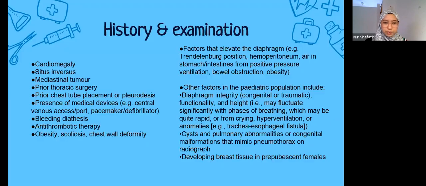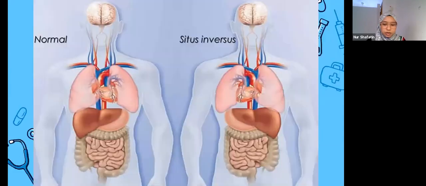As for the preparation, first of all, we need to obtain history and examination prior to insertion of the chest tube. We need to know if the patient has cardiomegaly, situs inversus. Situs inversus is a condition in which the arrangement of the internal organs is a mirror image of normal anatomy, as you can see here.